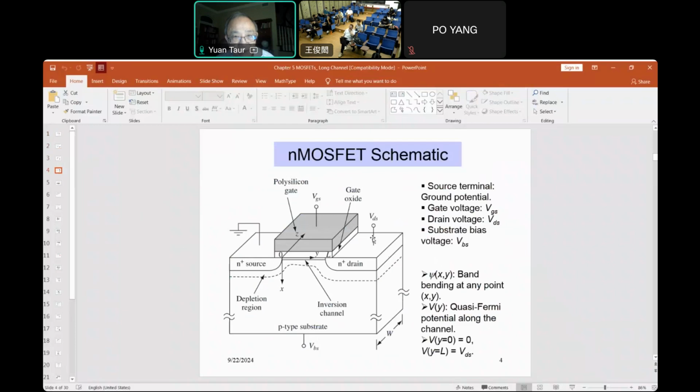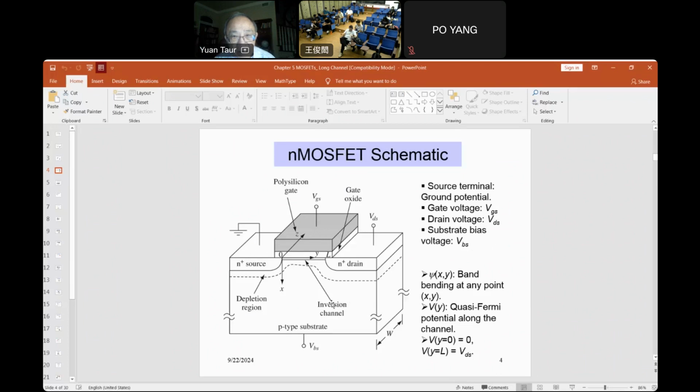Drain voltage, VDS, drain with respect to source. Substrate, usually we assume VBS equals 0. We discuss later what happens when VBS is not 0. But right now we assume that VBS is 0, so that the PN junction between the substrate and source is zero bias.